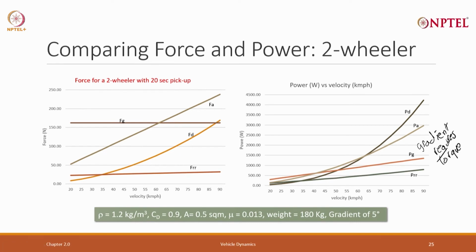So, if I have a 500 watt motor, I can drive quite well up to 25 kilometer per hour, including some pickup. So, actually the two-wheelers which are limited to 25 kilometer per hour often have a 700, 800 watt motor, very often put below a kilowatt, 500 to 700 watts.